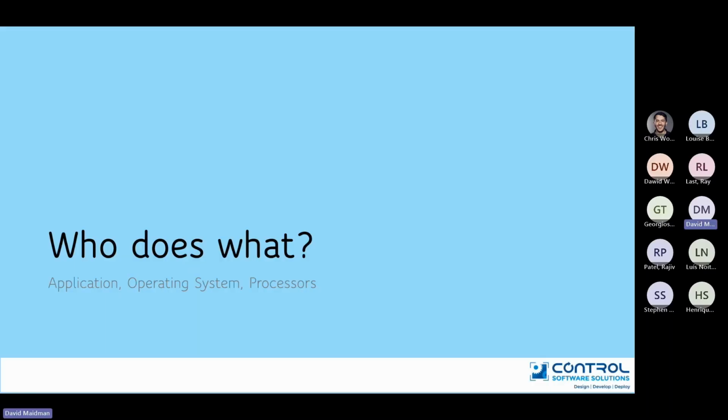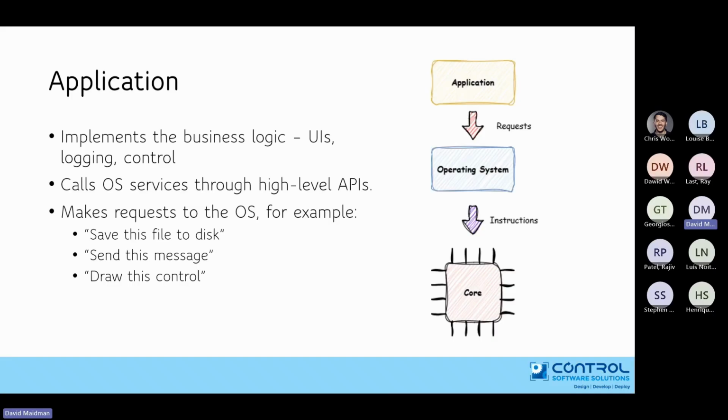Okay, so before we go too much into how the work is distributed, just a very quick overview of who does what within the system. If we've got a model like this, where we've got an application, operating system, and a core, whatever that architecture may be: the application implements the business logic, which is where we have our UIs and stuff like that. That makes operating system calls through high-level APIs, so we may want to save a file to disk, send a message, draw a control.